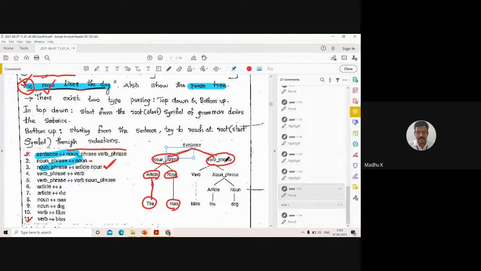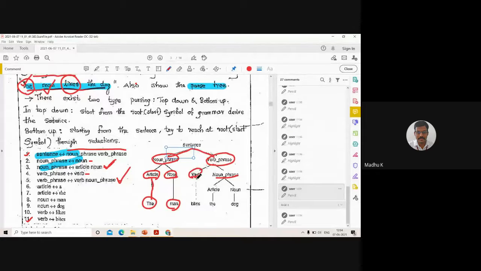Then the verb phrase: we need likes, which is a verb in the sentence. So we need likes at the bottom. Verb phrase has two options. Which will we apply here? I applied verb noun phrase.